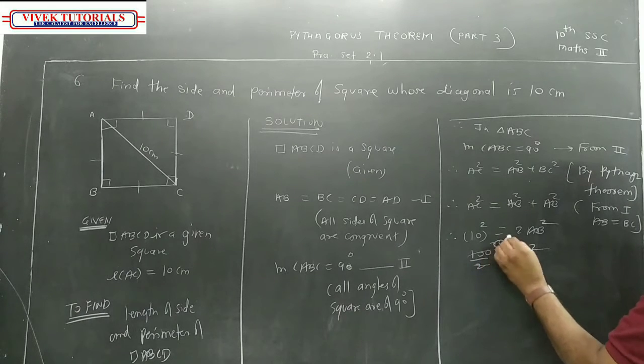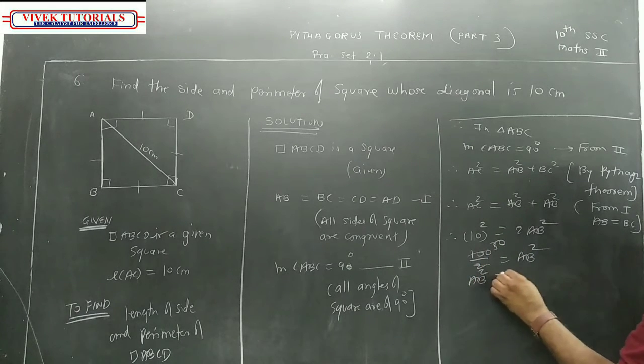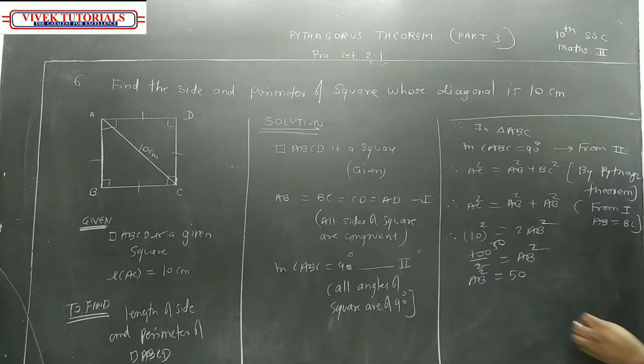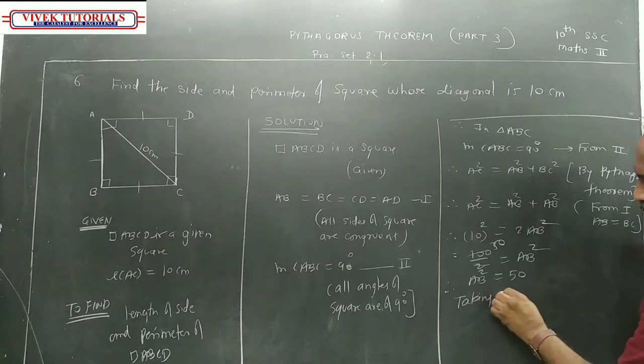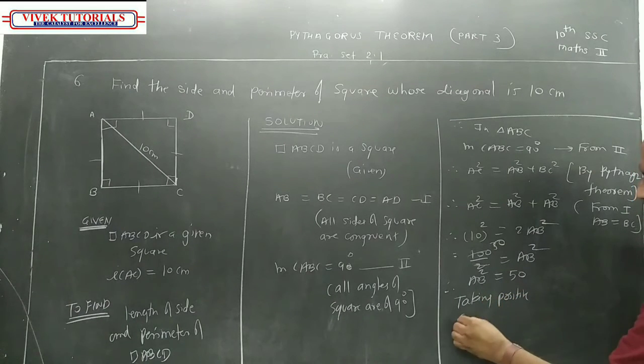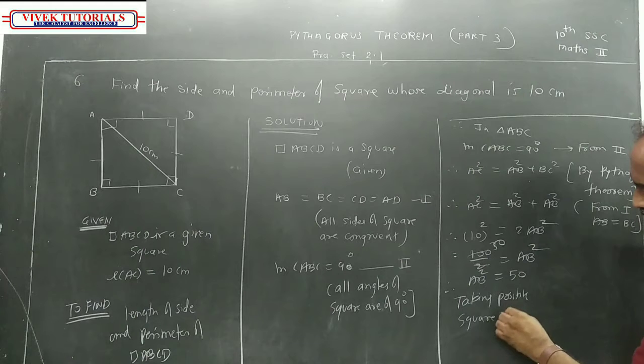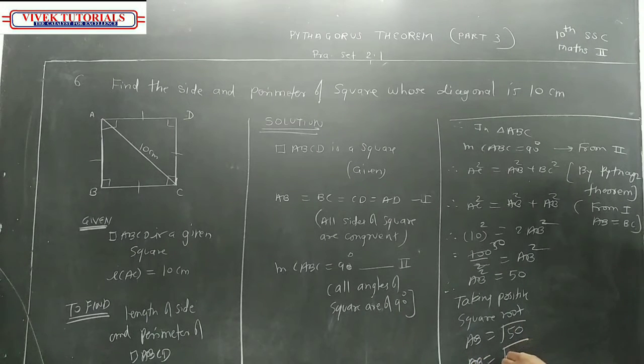This becomes 50. So AB square is equal to 50. And I told you that taking positive square root, what I'll get, AB is equal to root of 50. That is, AB is equal to root of 25 into 2, or length AB is equal to 5 root 2 centimeter.